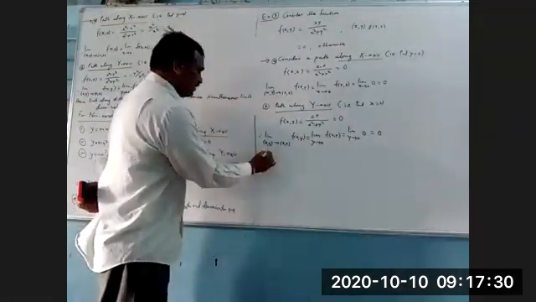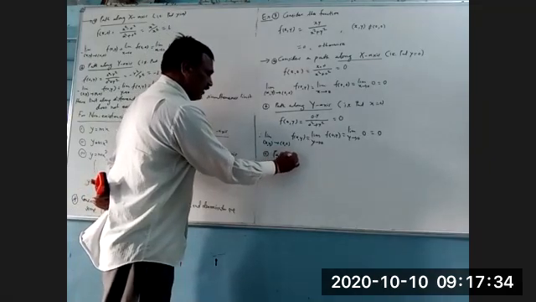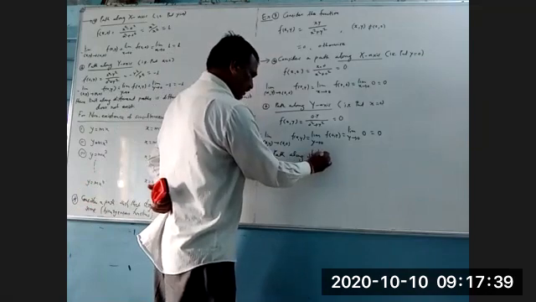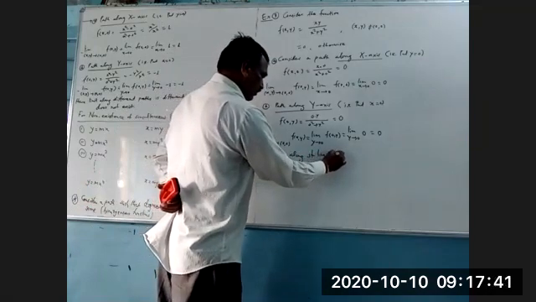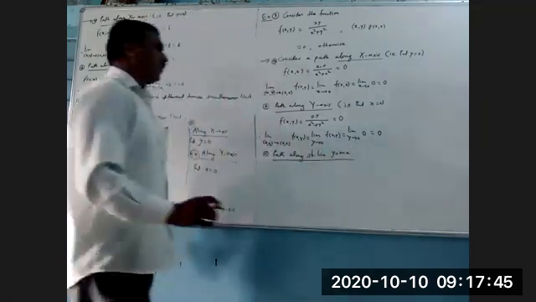Okay, that is the third path, along the straight line y equal to mx.